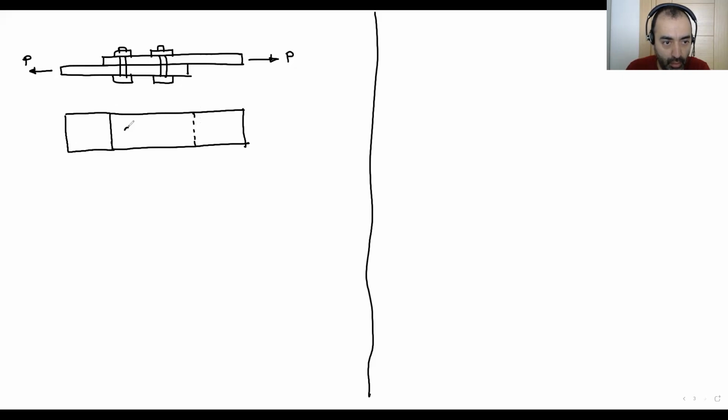Here we have a bolt, and the bolt is here, P is here. This is the first case. Let me draw the second case here, to talk about these cases at the same time.